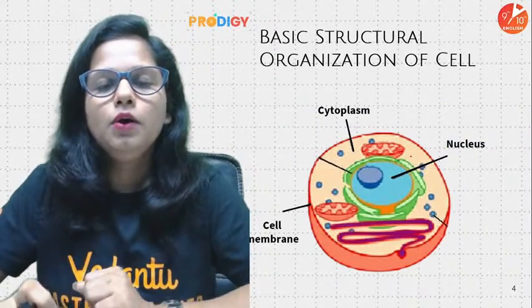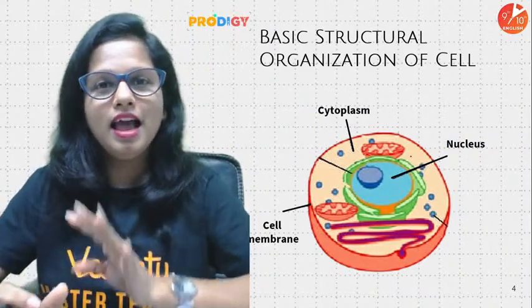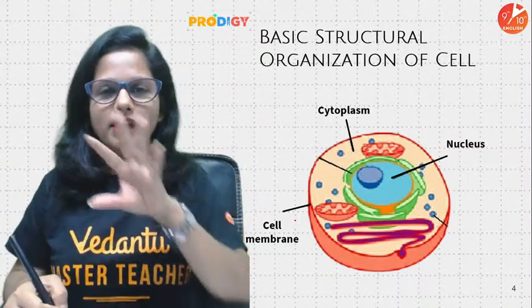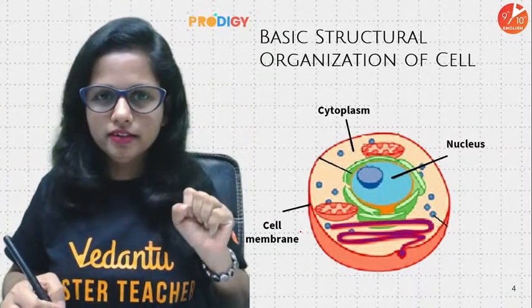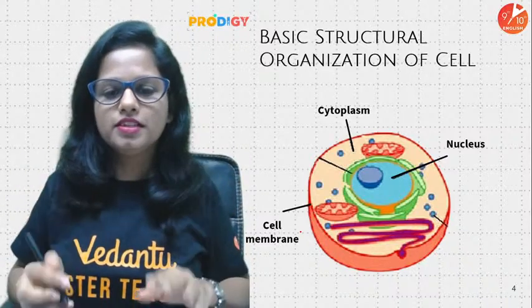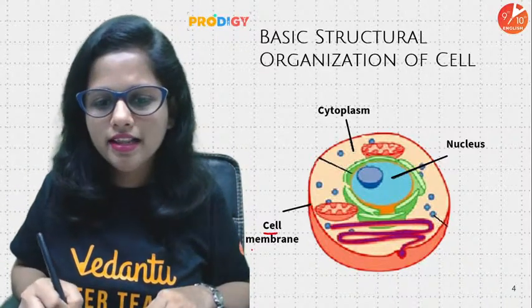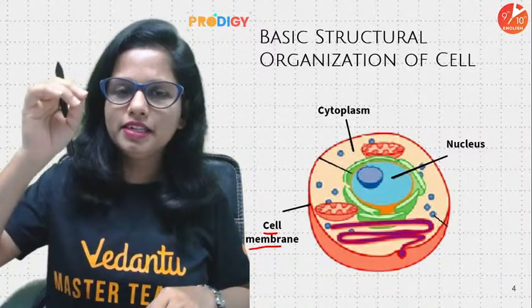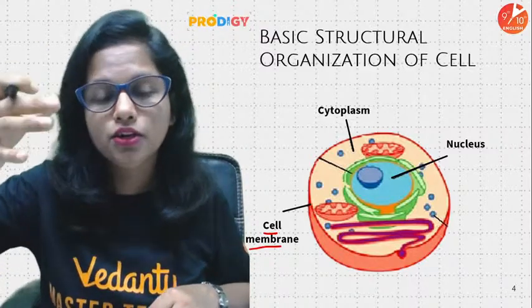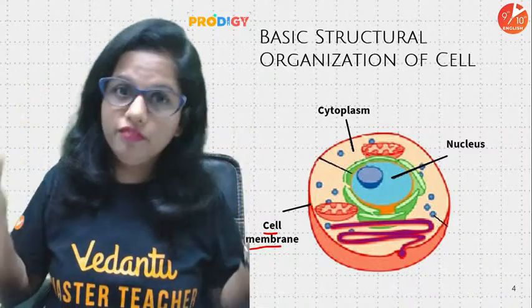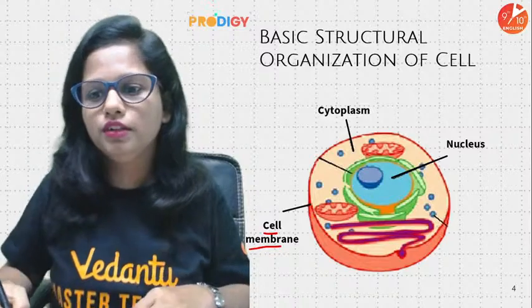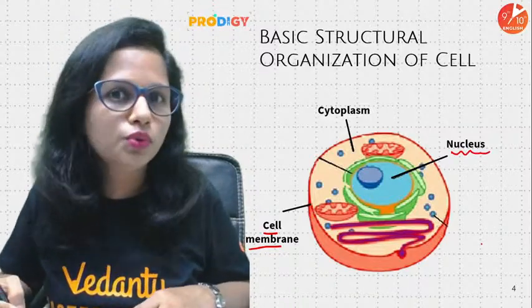Now, people, every cell will have three basic components. It will have an outermost layer covering the boundary of a cell, which is called the cell membrane. And then usually in the center of the cell, not every time, but usually, there lies a spherical body which is called the nucleus.